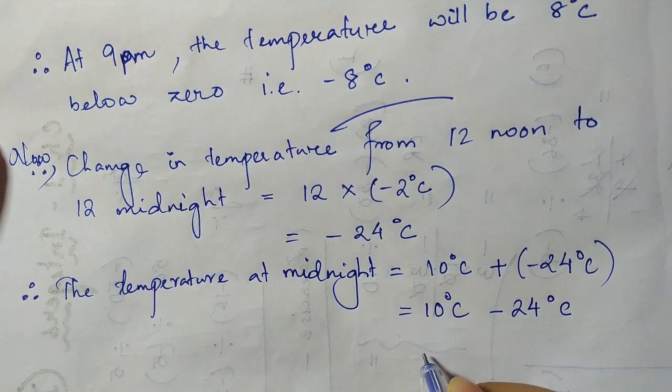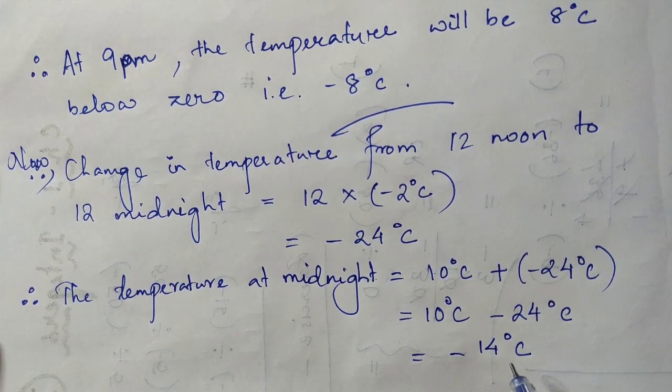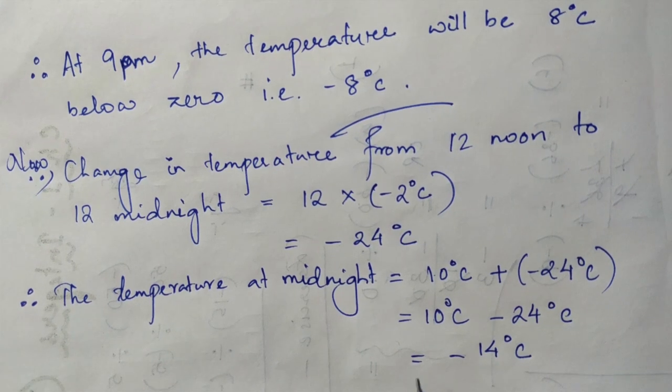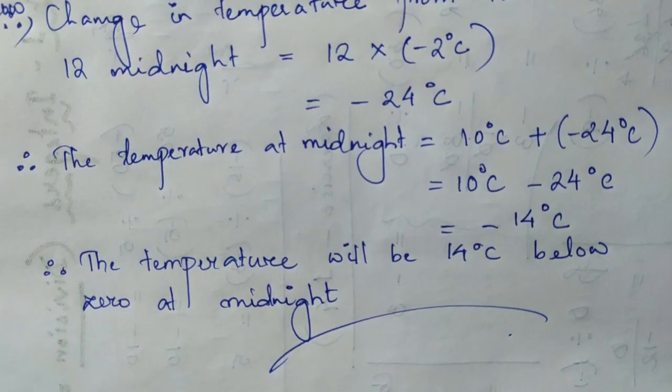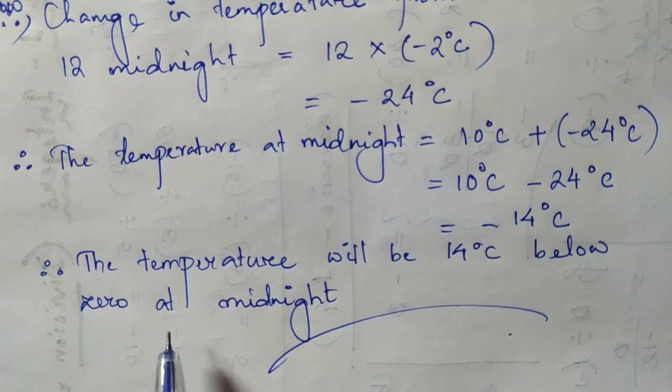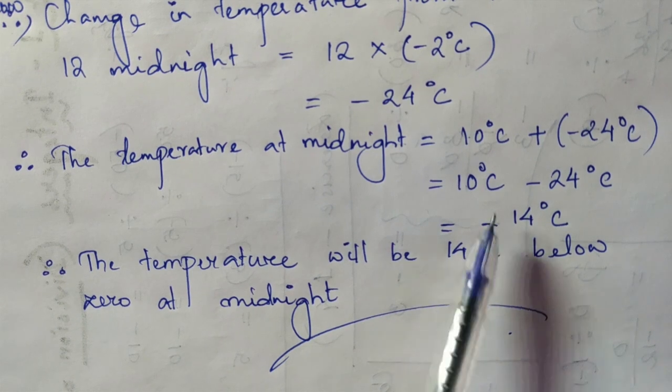If you subtract this, you get minus 14 degrees Celsius. So the temperature at midnight will be 14 degrees Celsius below 0. Let's write this down: the temperature will be 14 degrees Celsius below 0, or you can directly write minus 14 degrees Celsius.